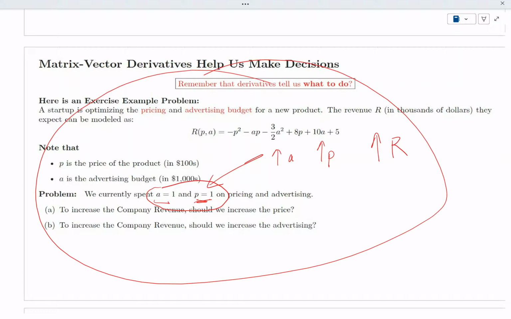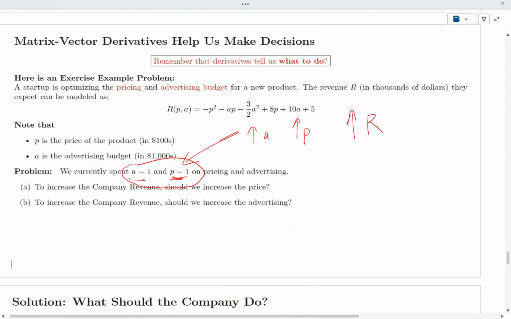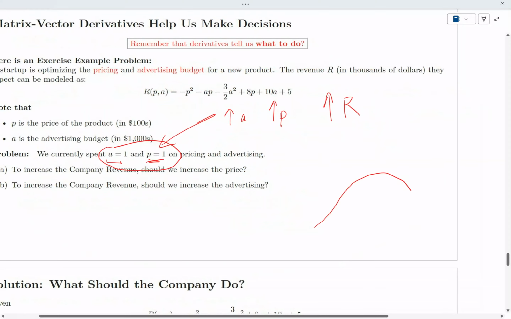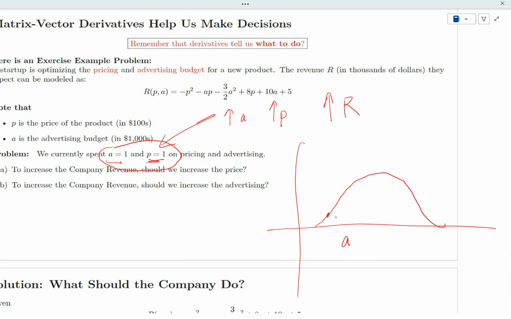So you can imagine, let's just look at this. Let's say this is the advertisement that we spend. If you're currently here, and the function says that if you were to increase advertisement, then the revenue is going to go up. So that's what we found so far. Well, after you increase, now you're at this point.